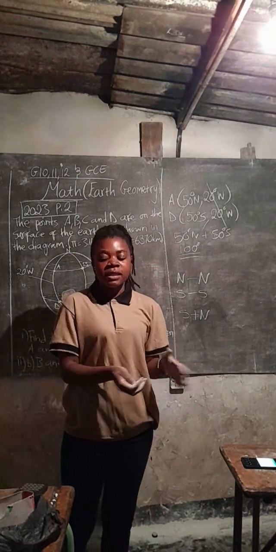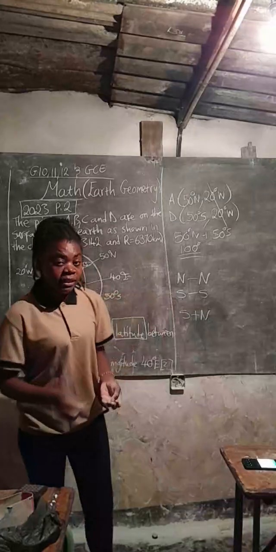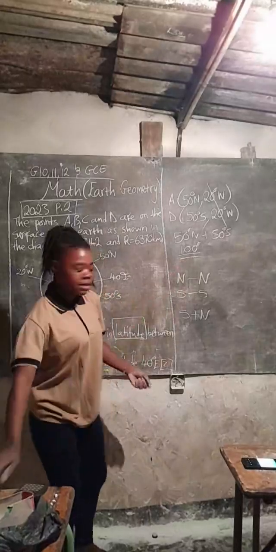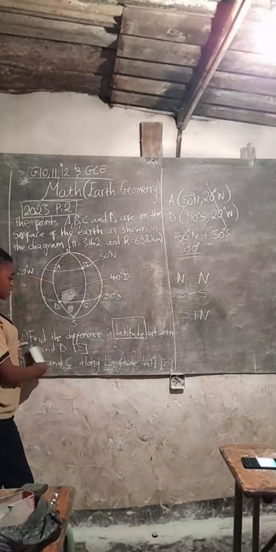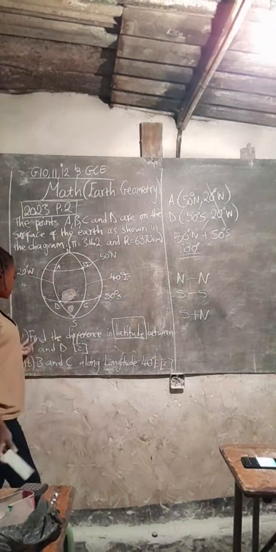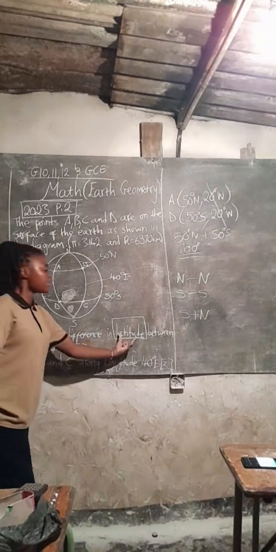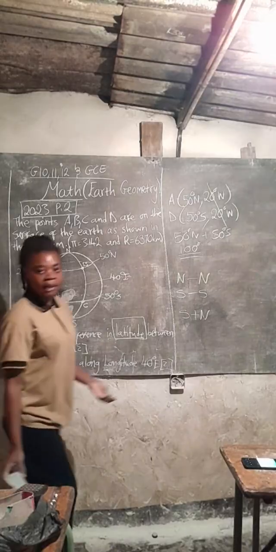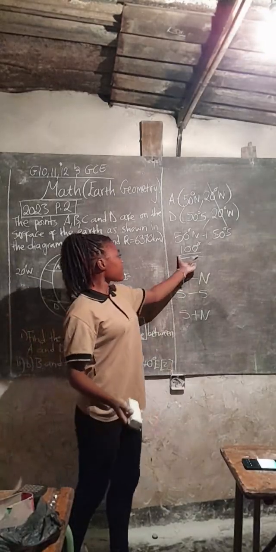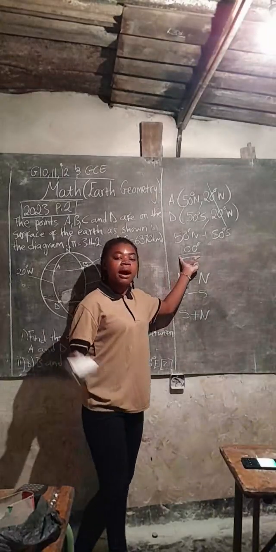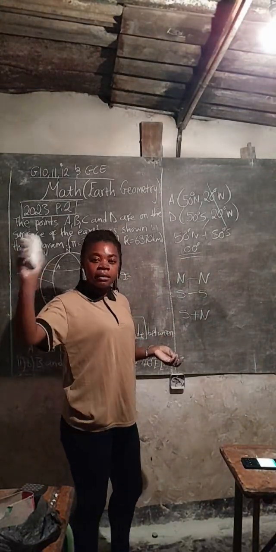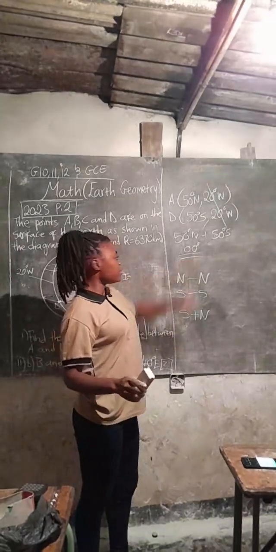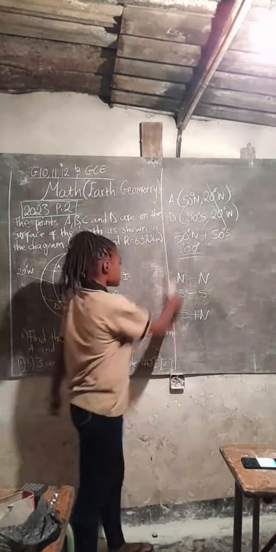So same hemispheres subtract, different hemispheres add each other. By so doing, it means we have answered this question and we get 2 marks, which is saying find the difference in latitudes between A and D. And I've emphasized that your final answer is not going to have either north or south. It will just be a figure in degrees.